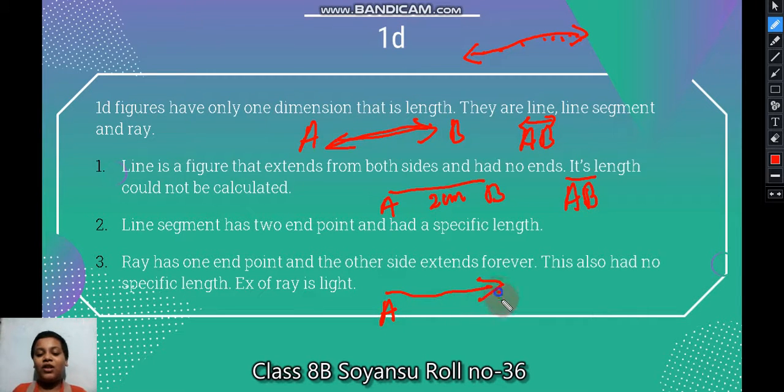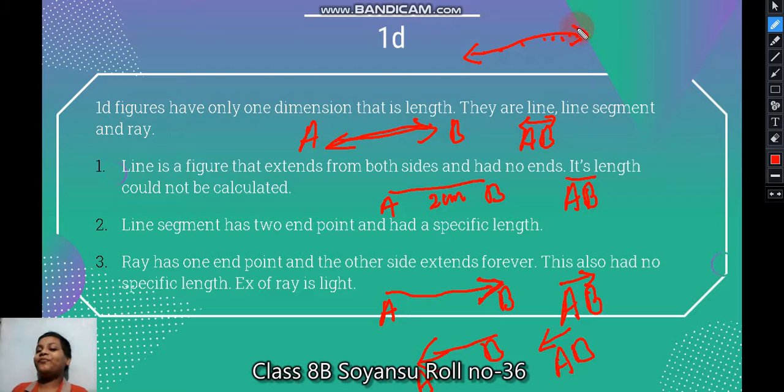We name it AB and write it with the help of an arrow mark.